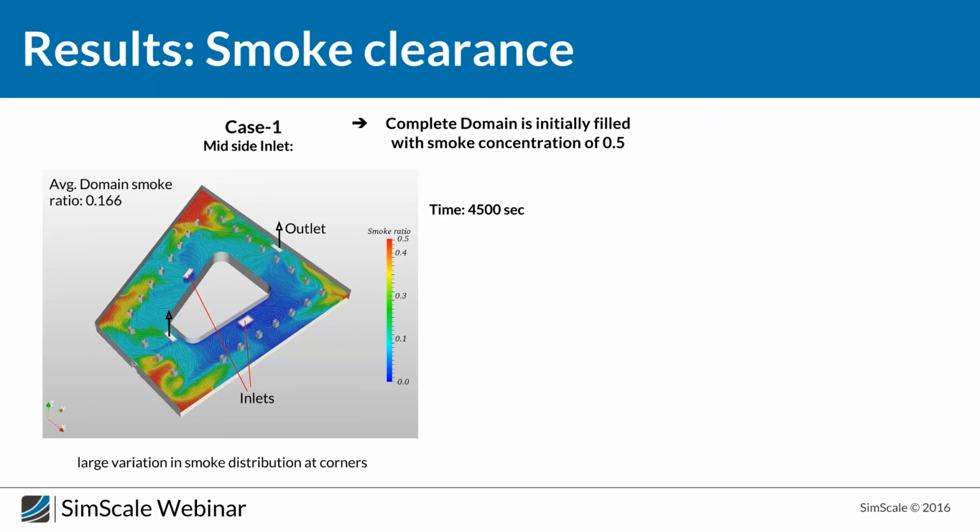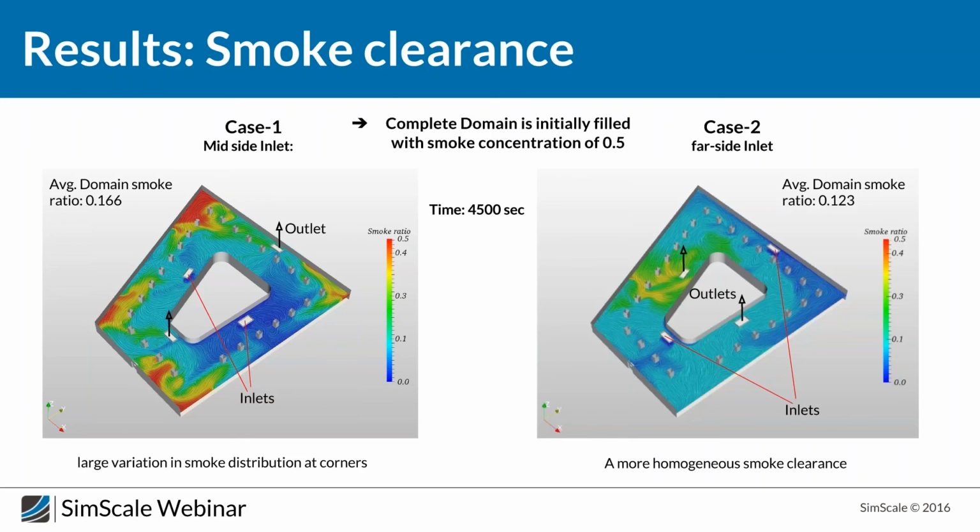Now let's change the scenario and see what happens. So what I do in the second case is to simply change the places of outlets and inlets with each other. So the two inlets in the case on the right become outlets, and the two outlets become inlets, and that's it. So again, no change in the mesh, no change in the geometry, we just change the boundary conditions.